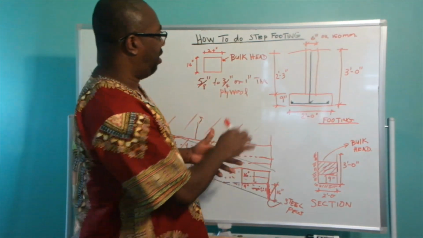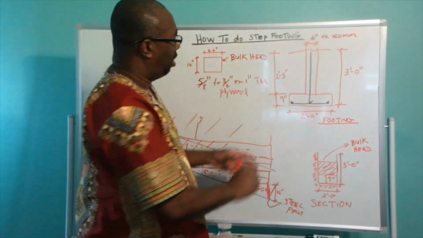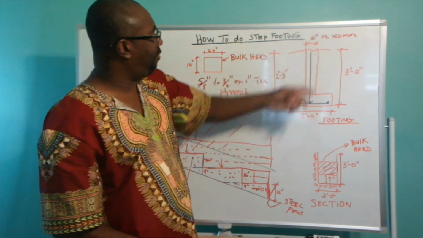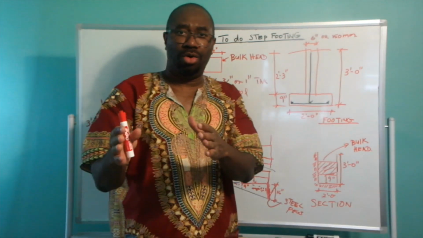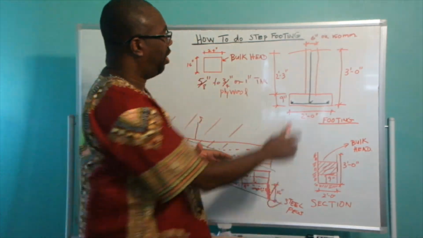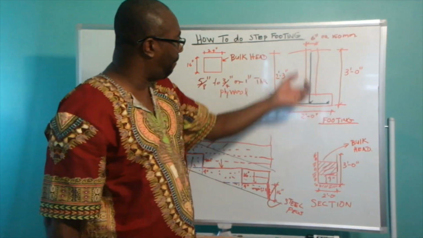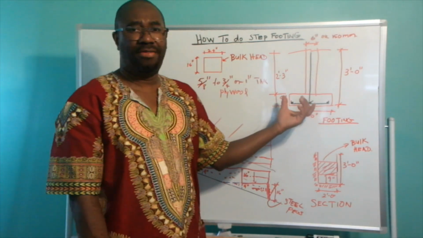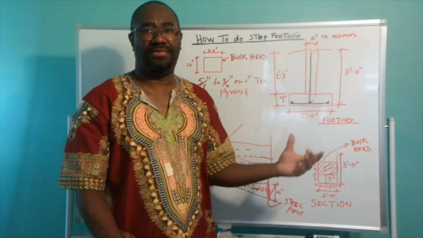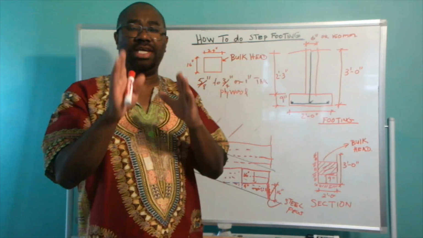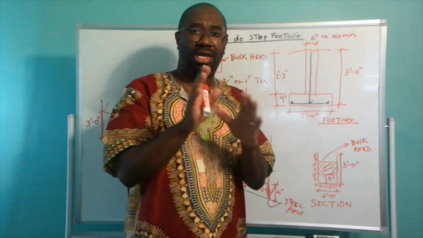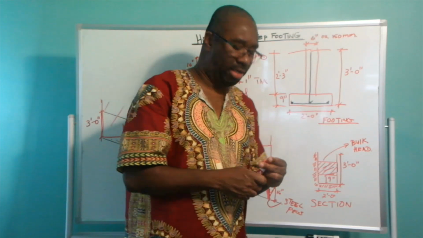Now, if the footing is not thick enough to carry the weight of the wall and the load of the building, the wall itself is going to punch through the thickness of the wall footing. And I'm going to shed some light on that further in the presentation.